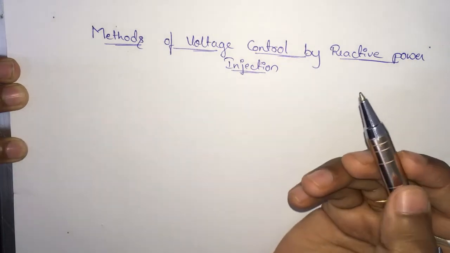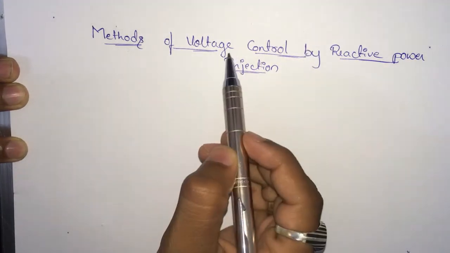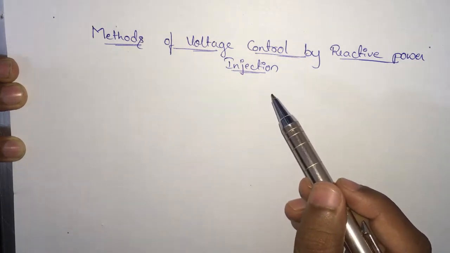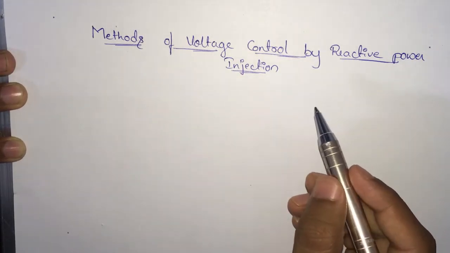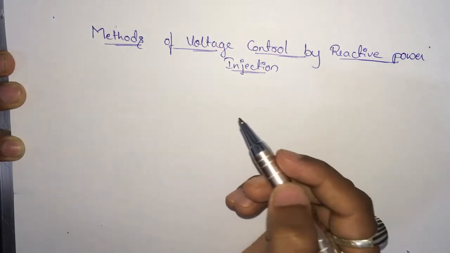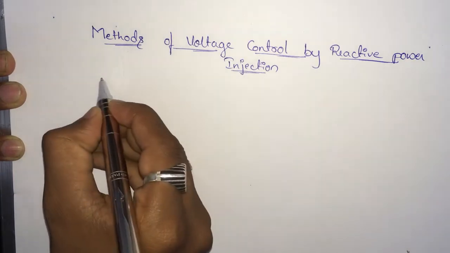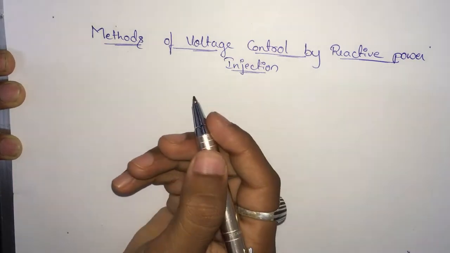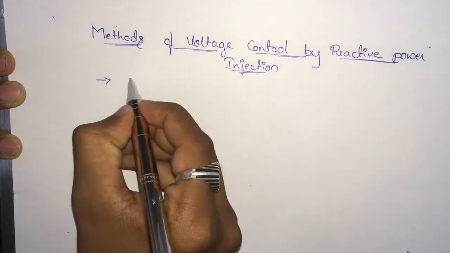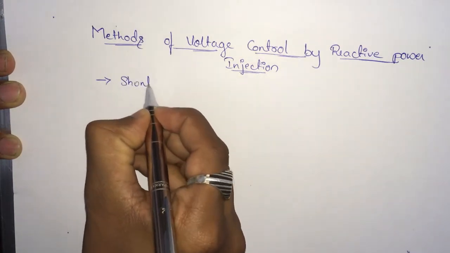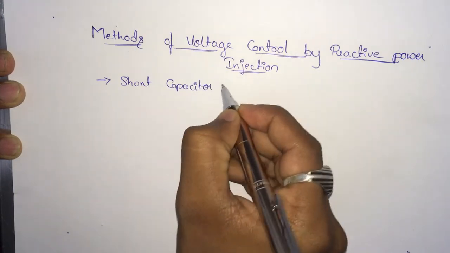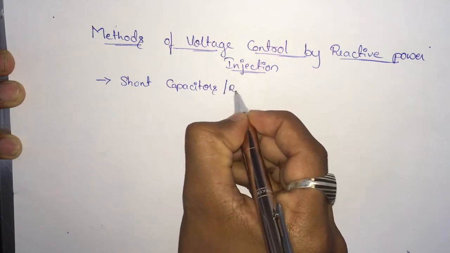We discussed in our previous video only the methods of voltage control, not specifically reactive power injection. In this video we are going to discuss this specific topic, the reactive power injection method. The conventional means of reactive power injection are, first one, shunt capacitors or reactors.